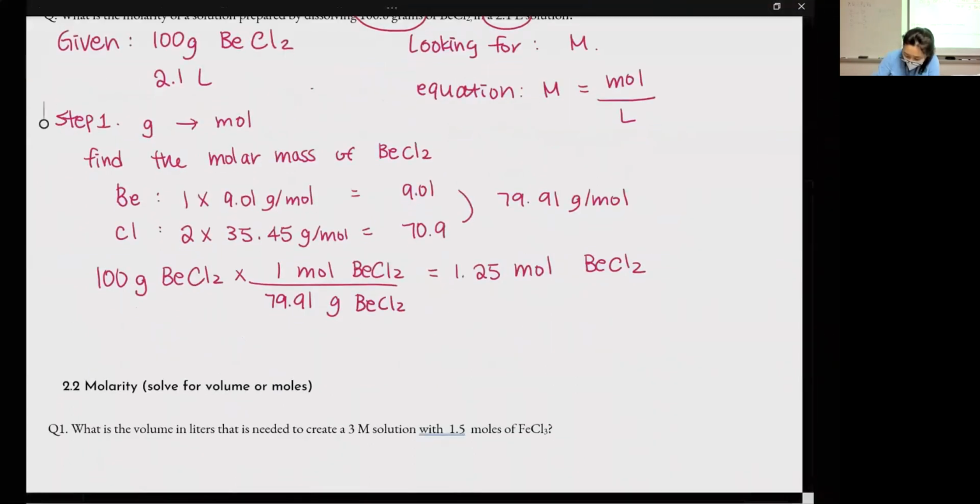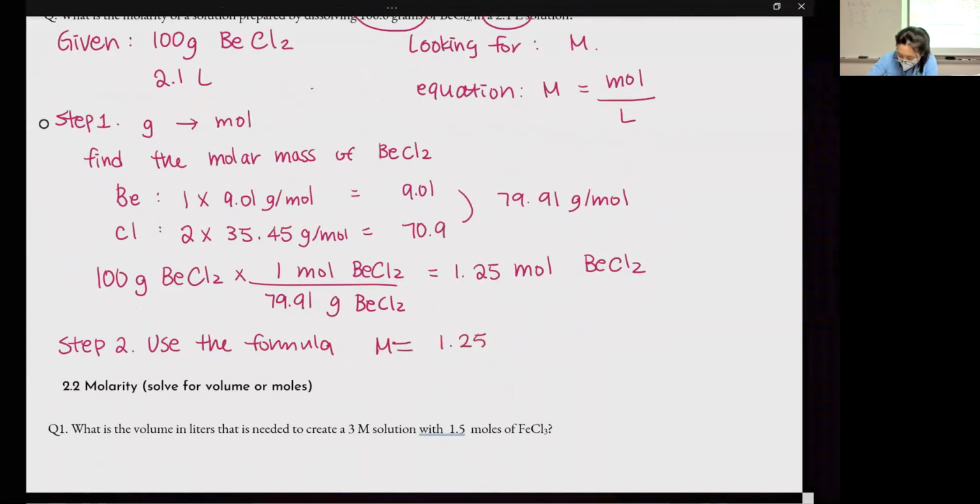Then step 2, you will use the formula. Which M is equal to 1.25 mole over 2.1 liters, and that's gonna be 0.595.